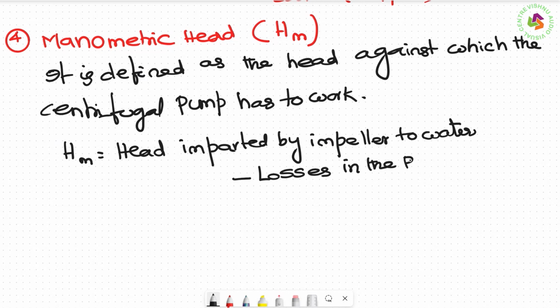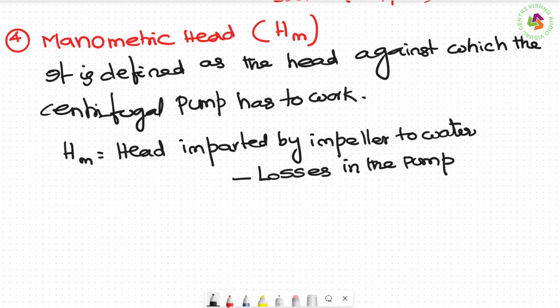Losses in the pump. So the head imparted by the impeller to water depends on whatever power is developed by the impeller. The power developed by the impeller depends on the capacity of the motor with which it can drive the pump. So this is nothing to do with the site conditions.